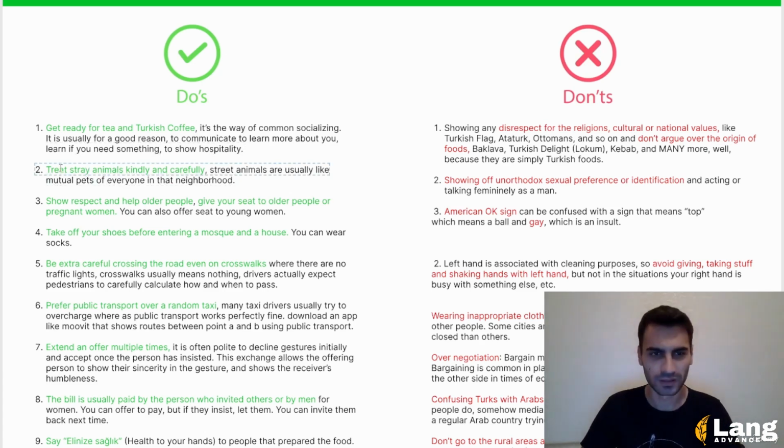And second, treat stray animals kindly and carefully. People see stray animals as their own animals, and in a cafe you can see a cat sitting in a chair. The cat is the coffee shop's cat, then it means.